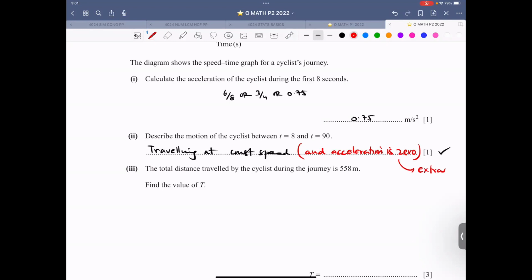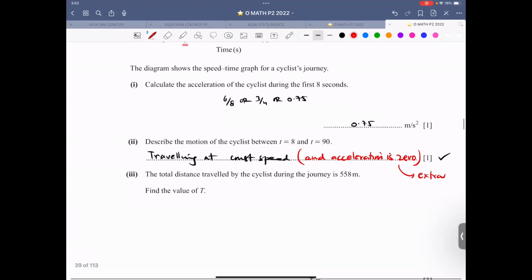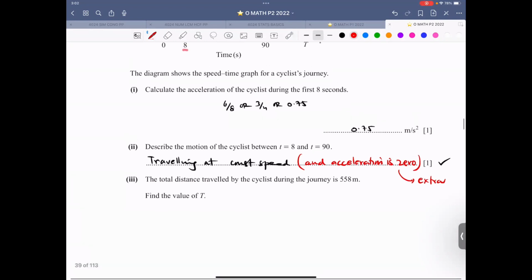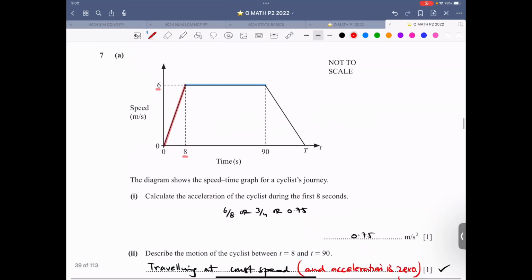The total distance traveled by the cyclist during this journey is 558 meters. Find the value of t. So now, the total distance is the area under the graph. These two are the parallel lines, this one and this one. This is from 0 till t. This is from 8 till 90, which is 82. And the height is this thing, which is 6.